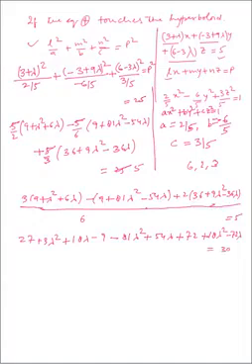We see that we can cancel out here: we have 18λ, 54λ and 72λ. So 54 and 18 is 72, so this cancels out.